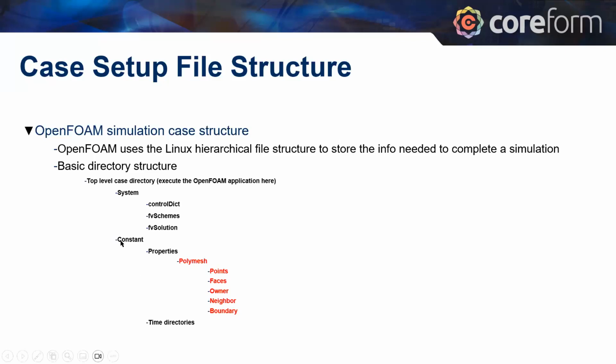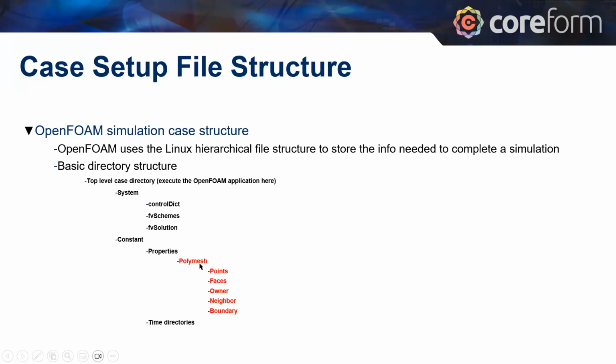And then within the constant subdirectory, I have my properties, and the properties are the thermomechanical properties that I have for the simulation and what have you, and my polyMesh. PolyMesh is what Cubit does for me. And that's a big part of what I need to get done, okay?